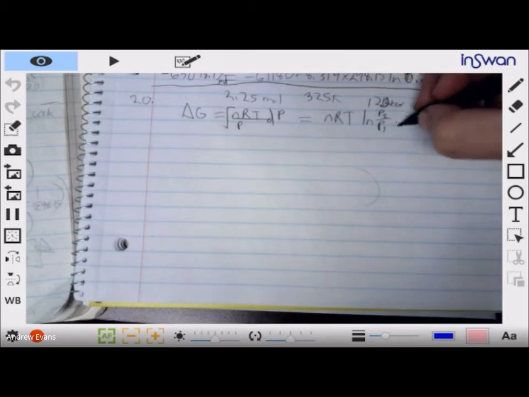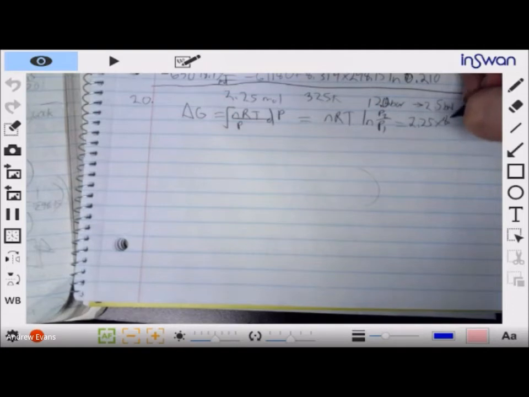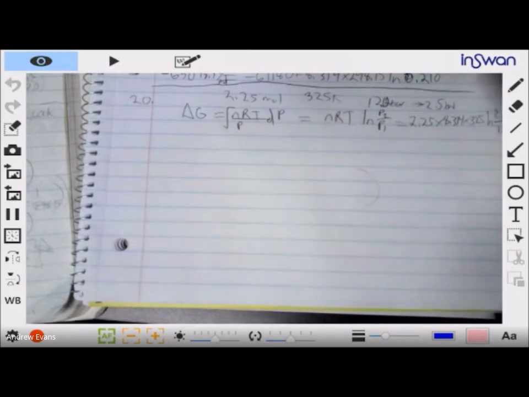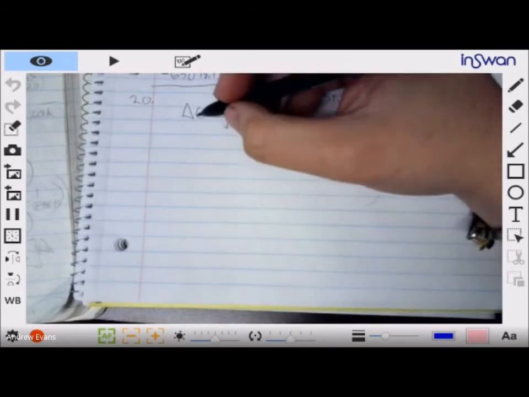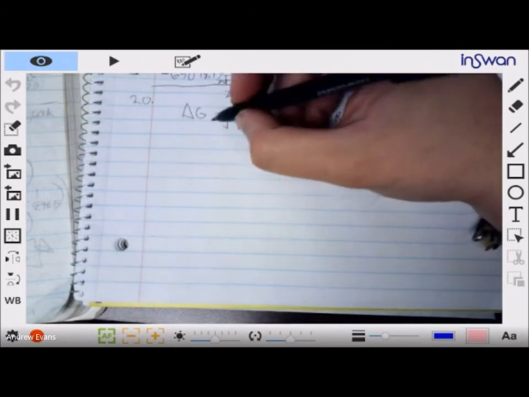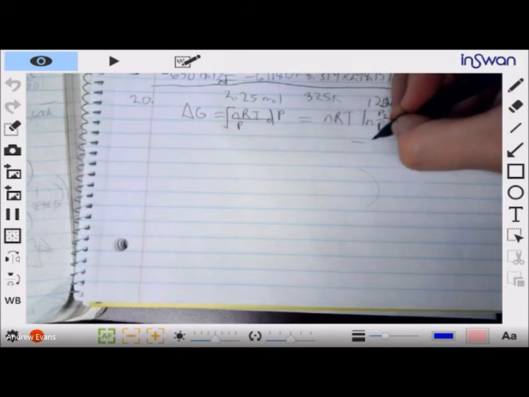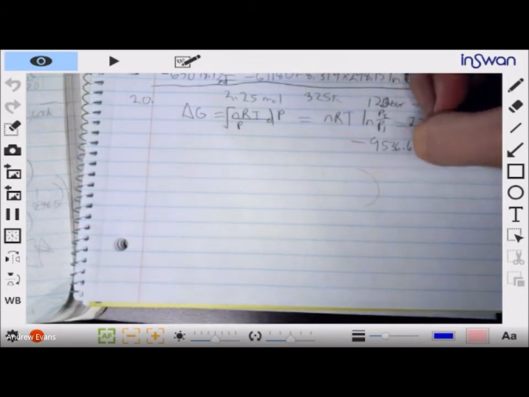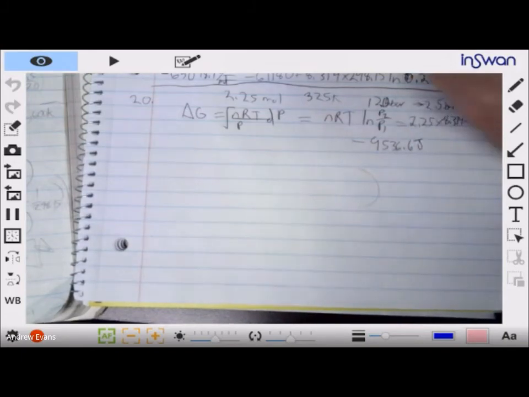Given 2.25 moles, 8.314, and 325 Kelvin, it's just a matter of ln of 2.5 over 12. Plugging that in and evaluating, you will get negative 9536.6 joules as our answer.